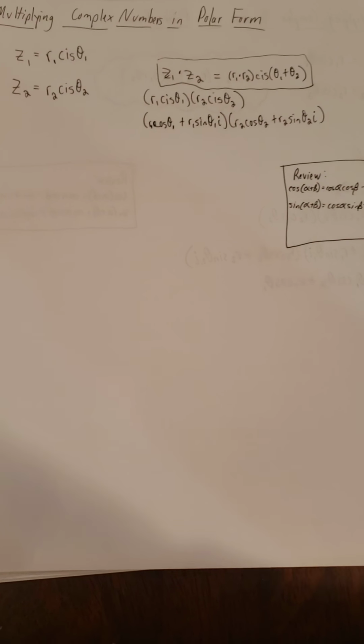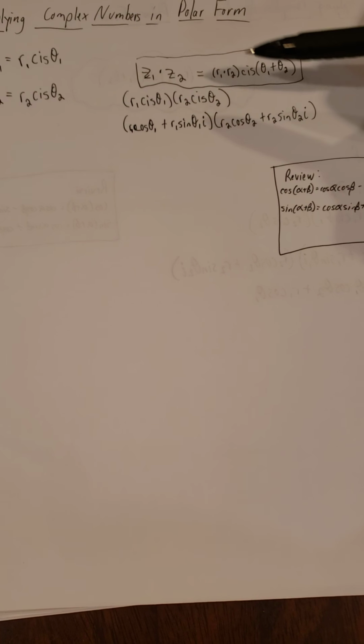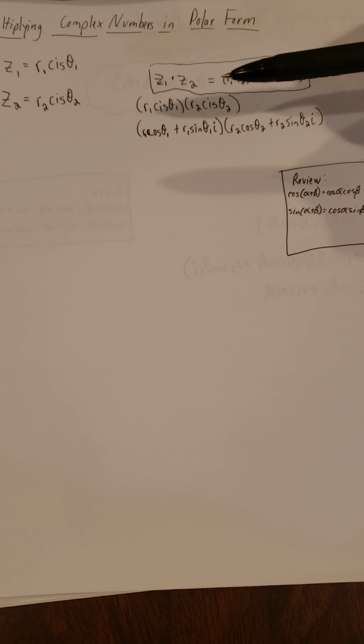Now, you are not going to be held responsible for showing the proof, but I just wanted to give you the proof right now so that when you are using this formula, multiplying two complex numbers together in polar form, it's not just like it came out of nowhere. It's from this proof that involves using your trigonometry addition formulas of cosine and sine.